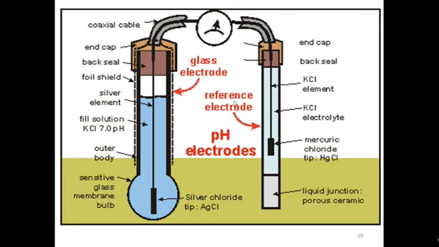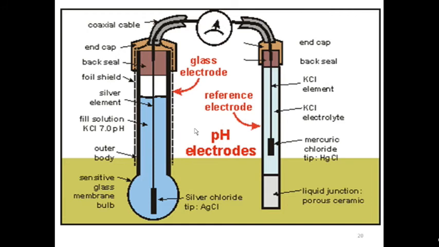The reference electrode is built into the glass electrode, as a combined electrode in a concentric double barrel of the device. So these are the different functions of these two electrodes and the principle.